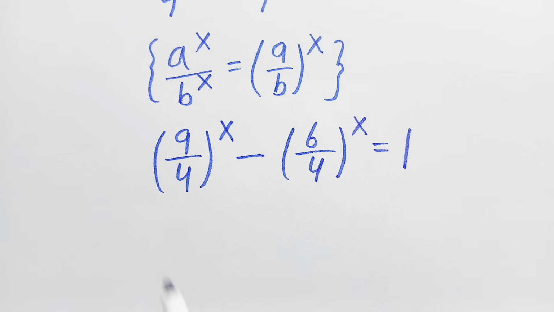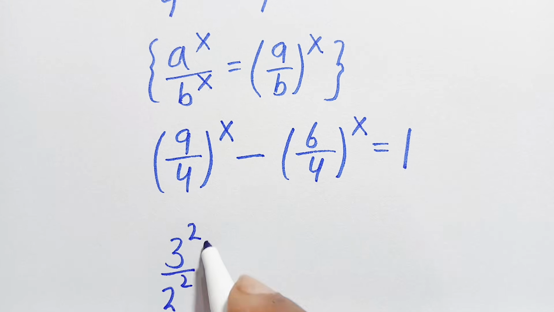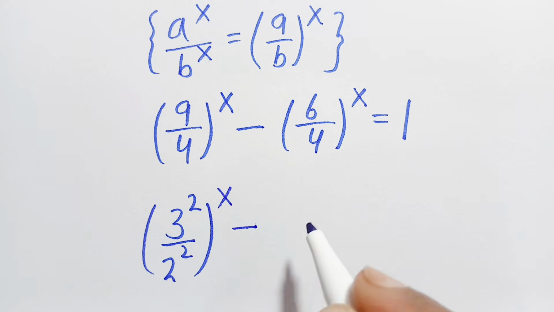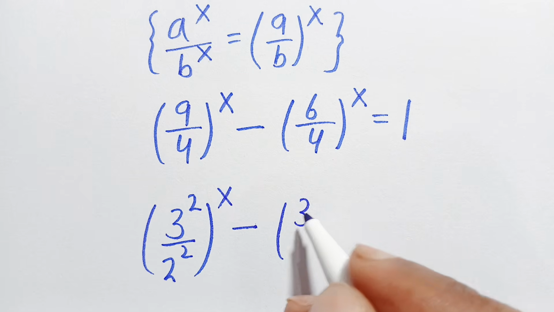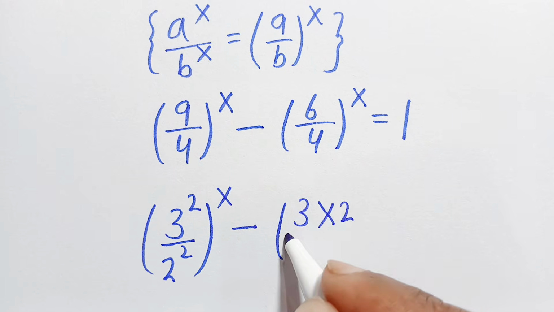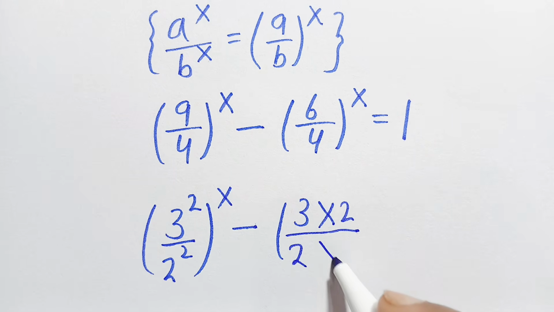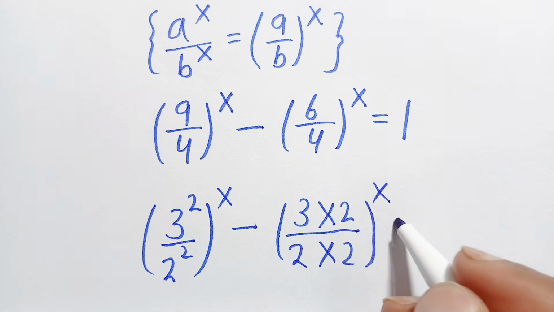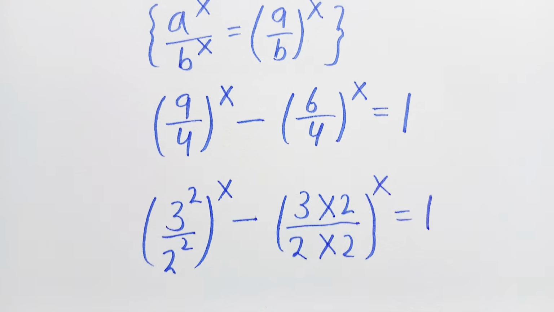Now, we can write this as 3 square divided by 2 square whole power x minus, we can write this as 3 times 2 divided by 2 times 2 whole to the power x is equal to 1.